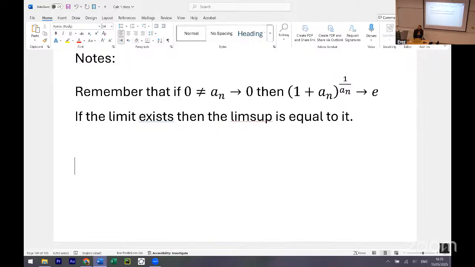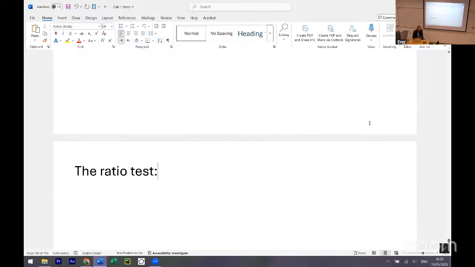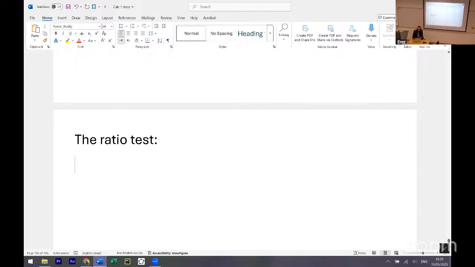We learned them about sequences, if you remember. I called it the quotient test, but then I saw it's named ratio. It's the same thing.